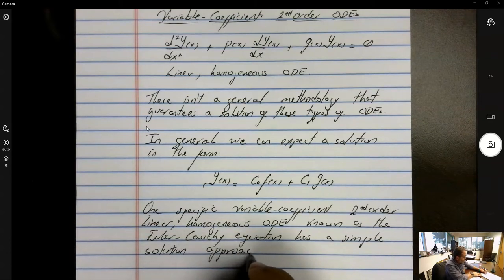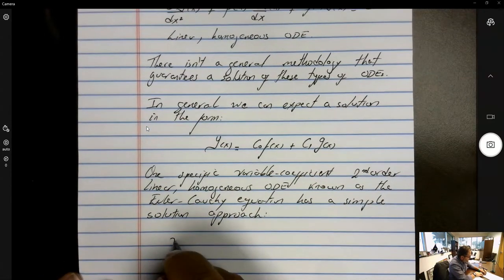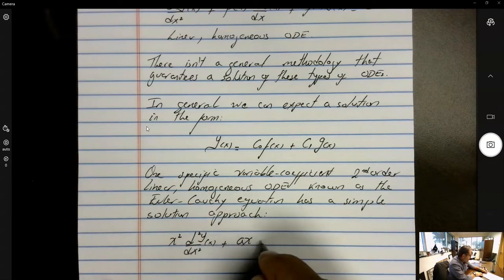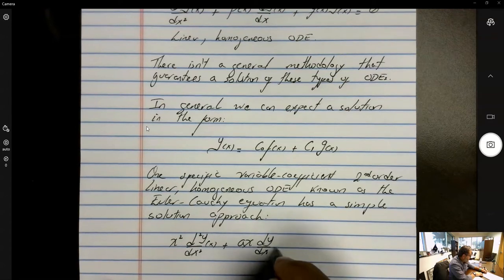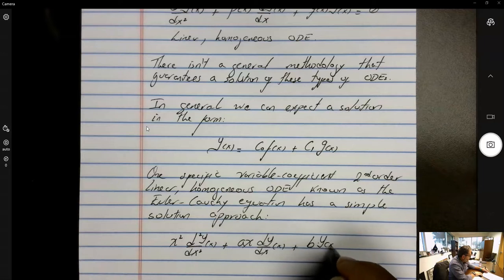So that's an equation that looks like this: x squared d²y/dx², plus a times x dy/dx, plus b y of x is equal to 0.